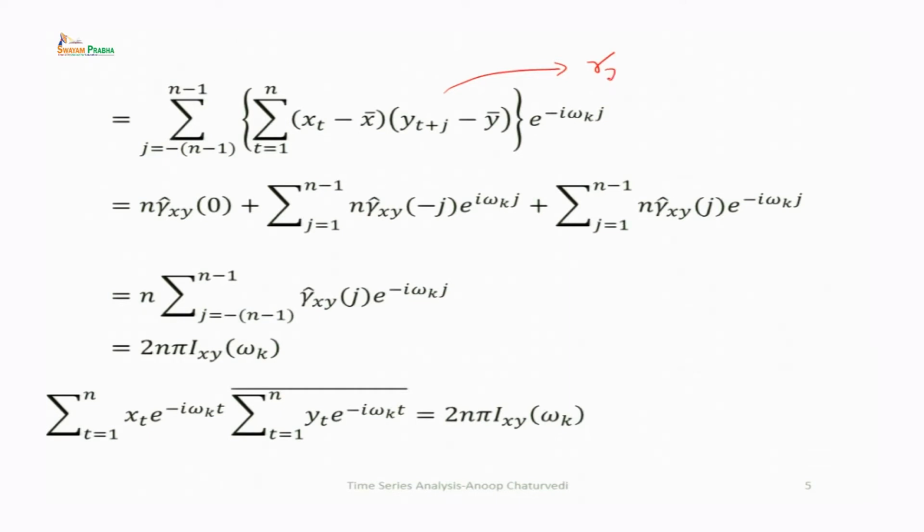gamma x y j cap, and then in fact for obtaining gamma hat x y j you have to divide by n also. So, you get n here.